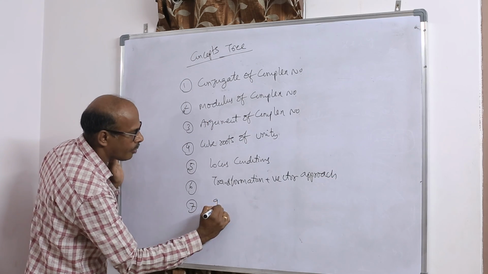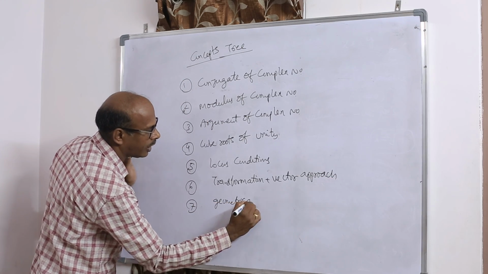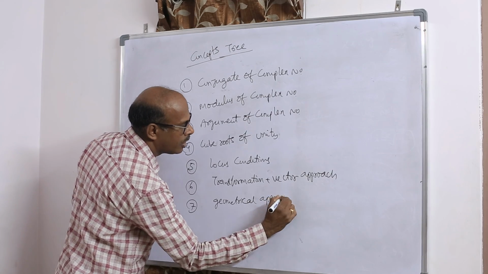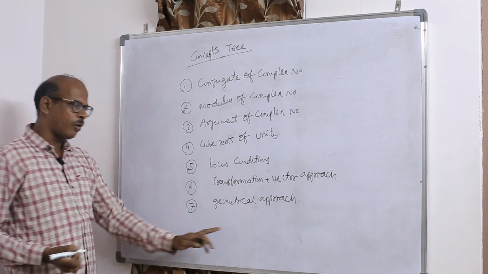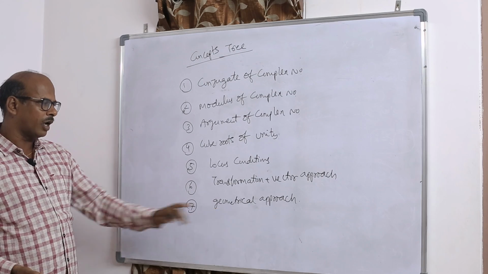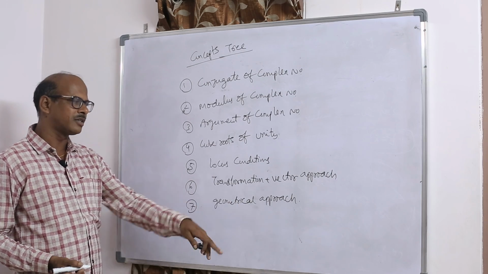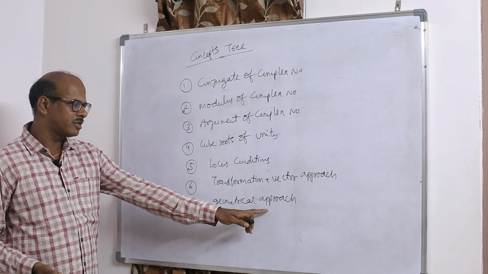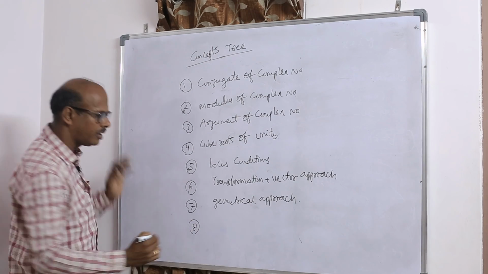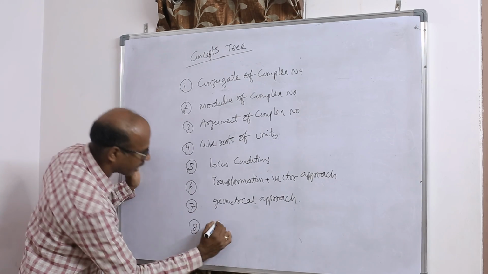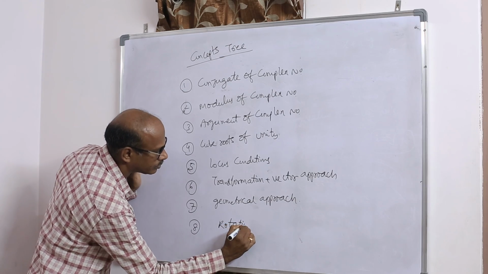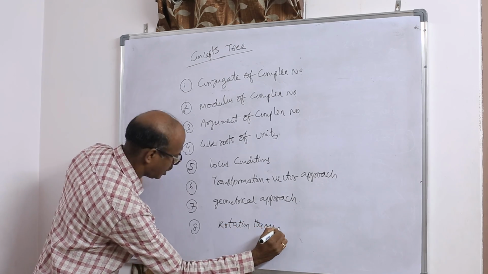Next, geometrical approach. Geometrical approach means a complex number can be reduced into an ordered pair, drawing an Argand diagram, with the real axis as x-axis and the imaginary axis as y-axis; I am going to discuss this in detail. Next, rotation theorem.